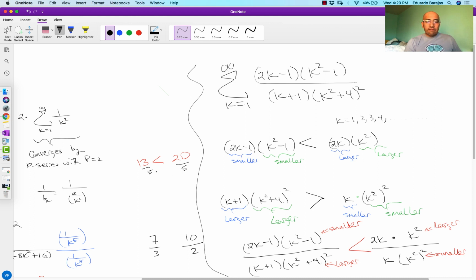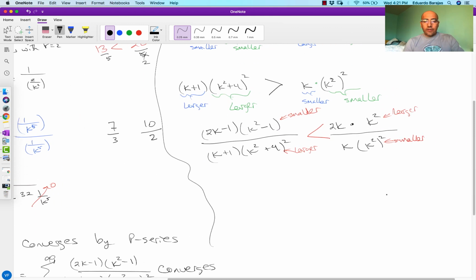But if I divide the larger one by something even smaller than 5, like 2, it just helps make it even bigger, so it still makes it true. Good.